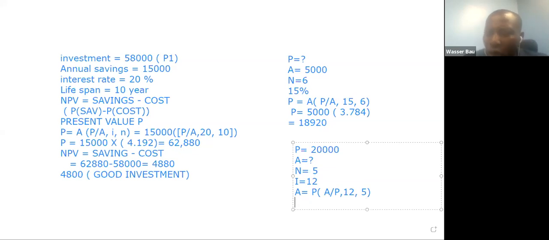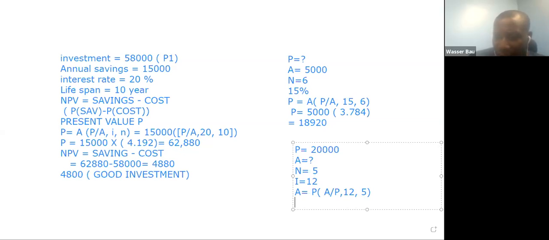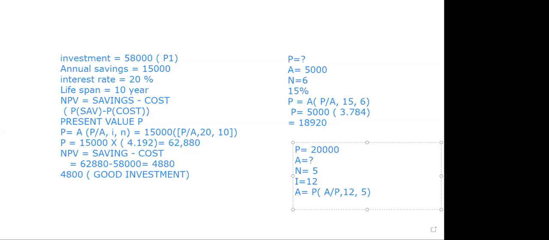So can somebody go to the interest table for 12% under 5 years? Under A over P. Be careful, sir. You are going to go to A over P. Remember, we're doing capital recovery now. 0.2774.